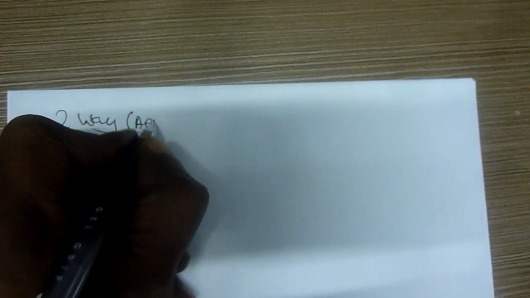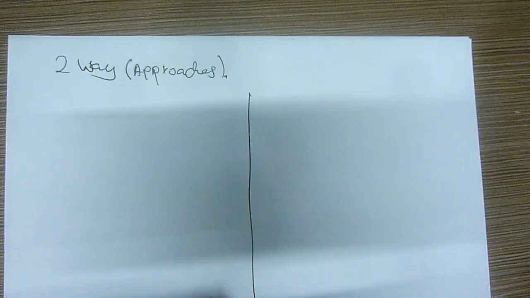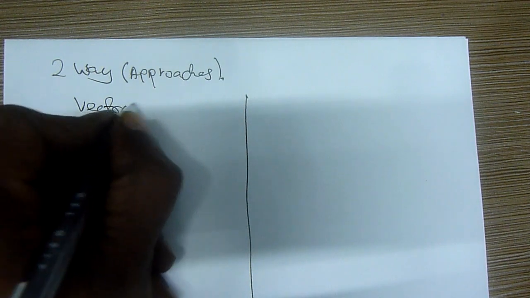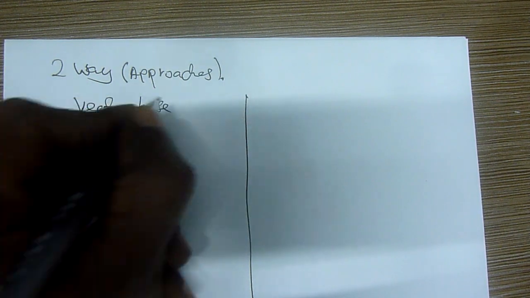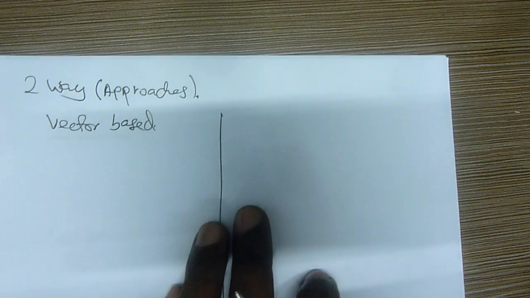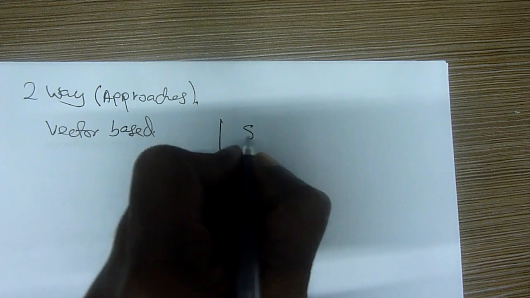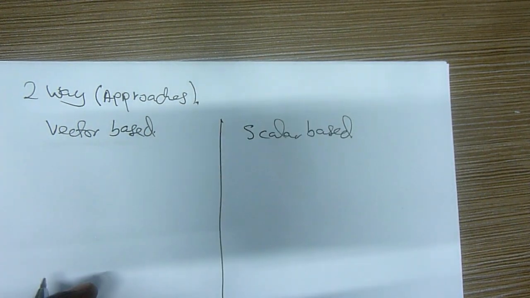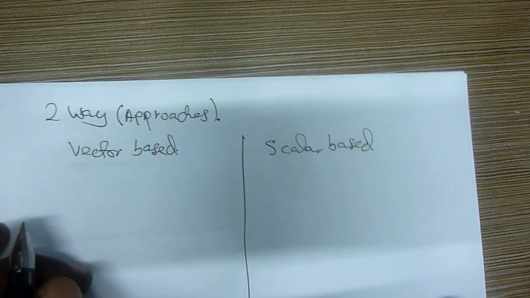Two approaches that we are using here. One is vector based. One more, we call it scalar based. Very obvious, we have done this, right?